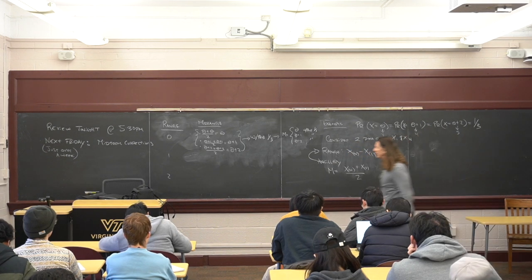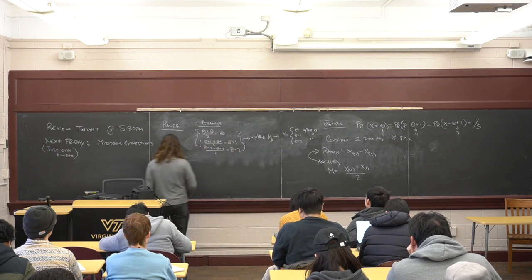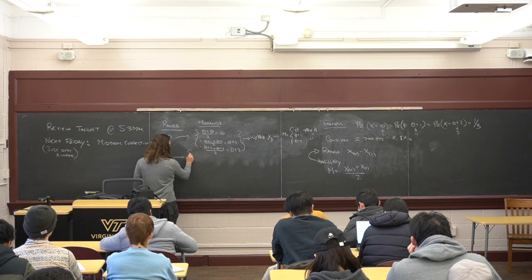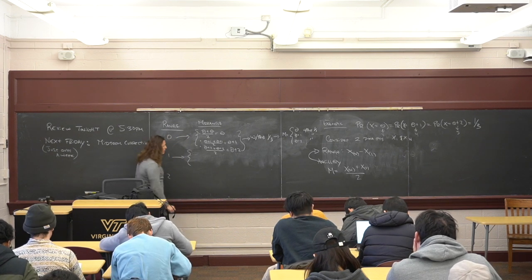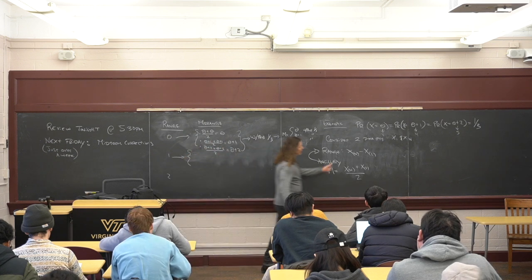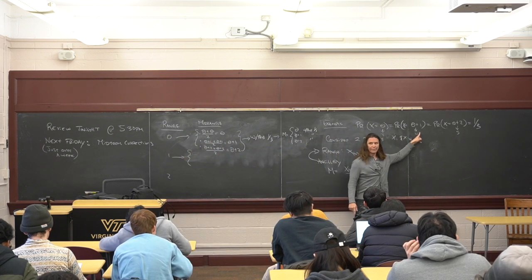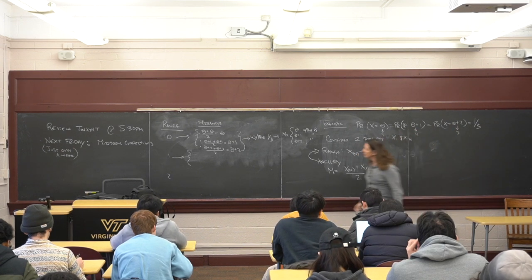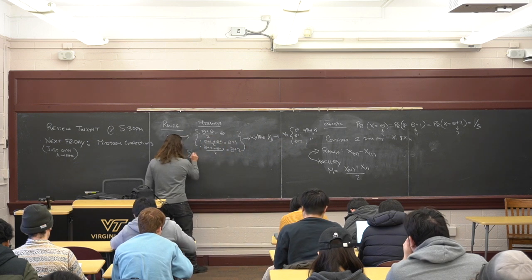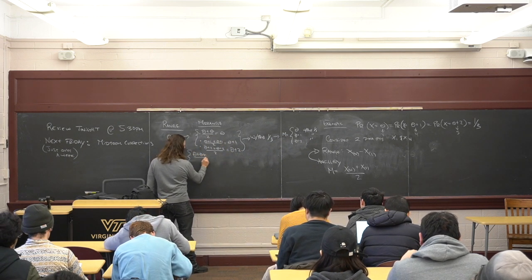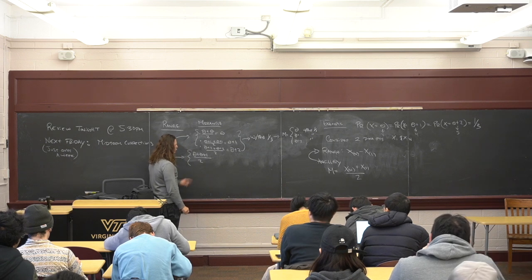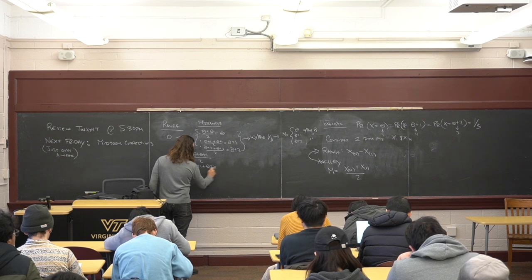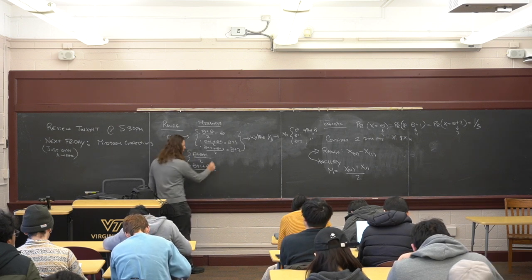Let's see how this changes as I see different ranges. So if the range is 1, there's 2 different ways that I could have seen this. I could have seen this and that, or I could have seen this and that. So either I saw theta and theta plus 1, divided by 2, that's the mid-range, or I saw theta plus 1 and theta plus 2, and that's the mid-range.